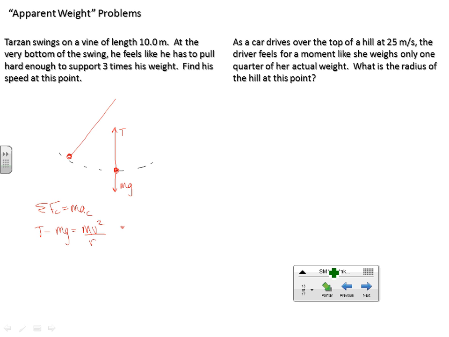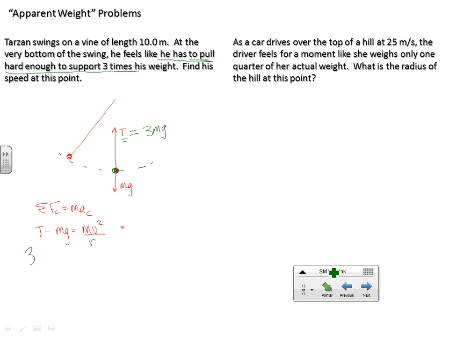Now here's the deal. He feels like he weighs 3 times his weight. Well, we said apparent weight is typically about normal force. In this case, it's about the tension force. He feels like he has to pull hard enough to support 3 times his weight, so T is 3 times his weight. That's the only real trick.